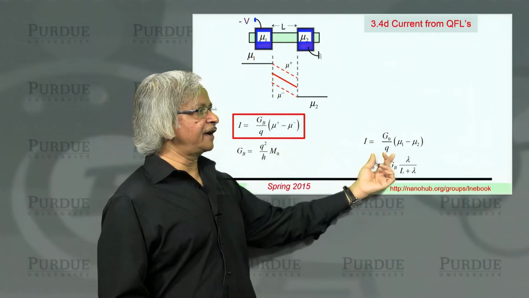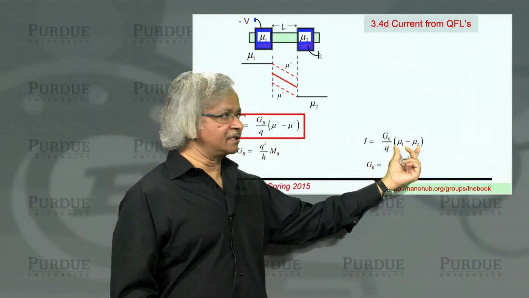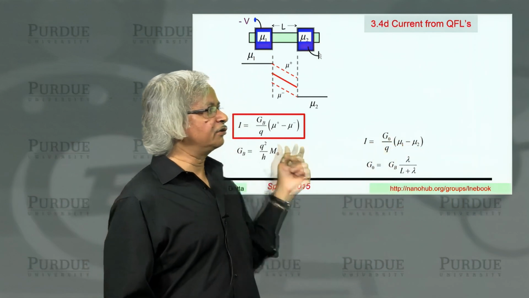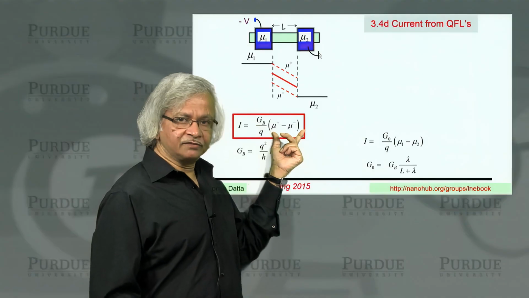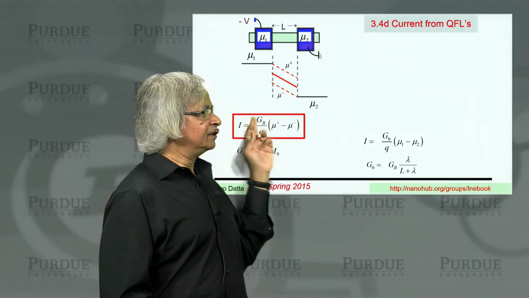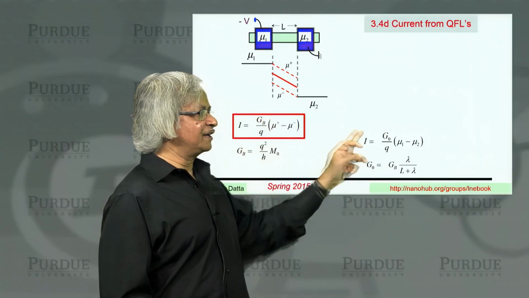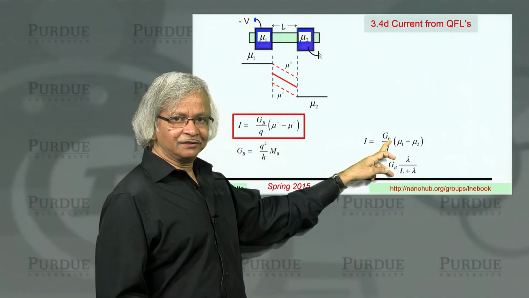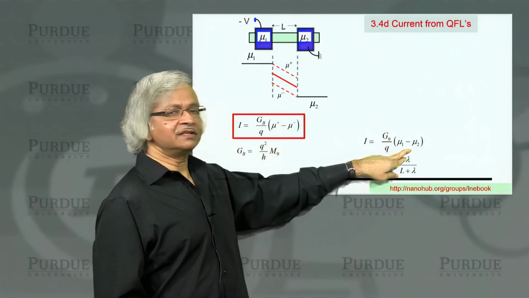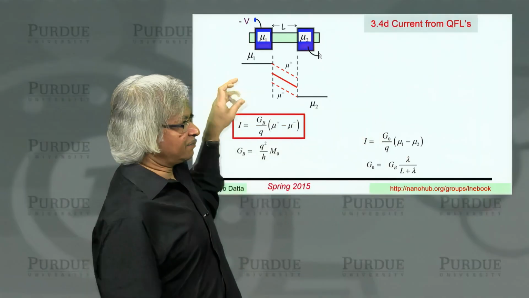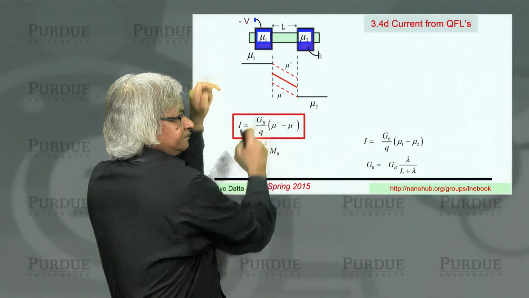So current you can write either as the conductance times the total separation, or you could write it as the ballistic conductance times the quasi-Fermi level separation. This ballistic conductance is bigger than the actual conductance, but then the quasi-Fermi level separation is smaller than this overall separation between the two contacts.